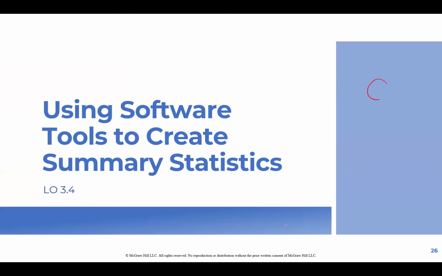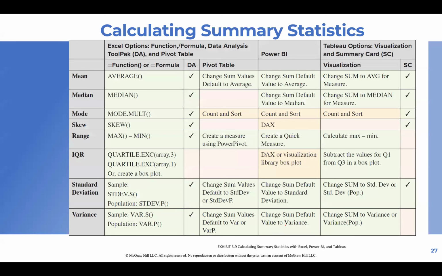Okay, using software tools to create summary statistics. There are so many tools you could actually use: Excel or Minitab or Tableau, Power BI. All tools will give you descriptive statistics one way or other. You have a lot of functions in Excel that will get you the mean value. One function is average, median, mode, and skew.